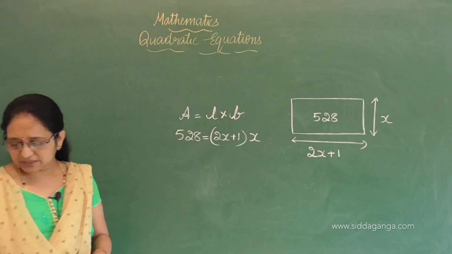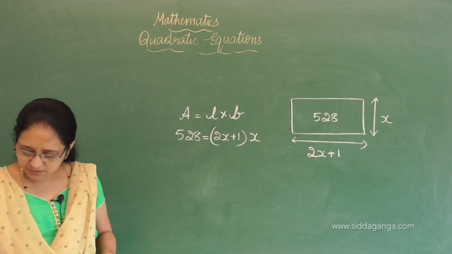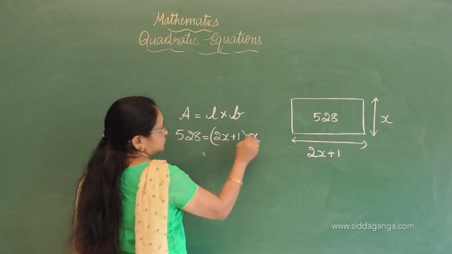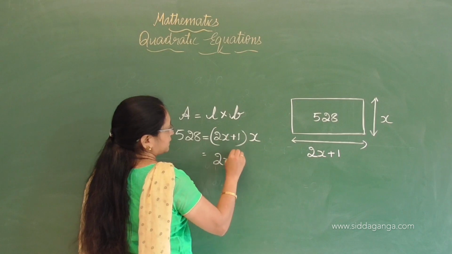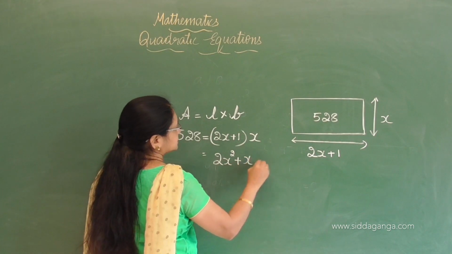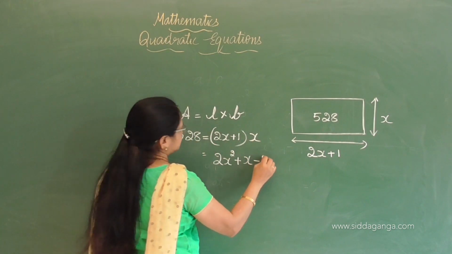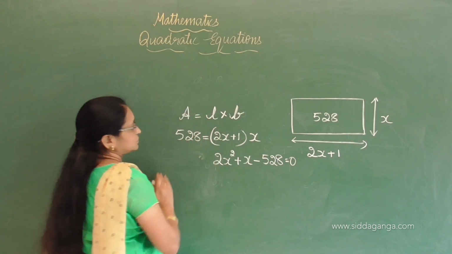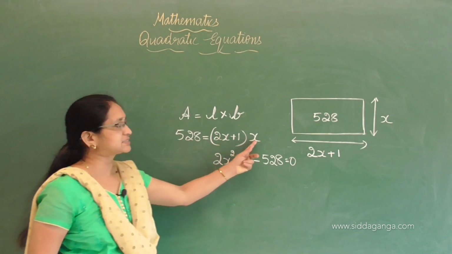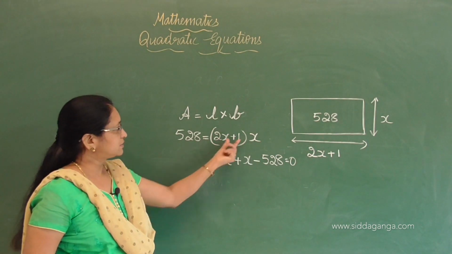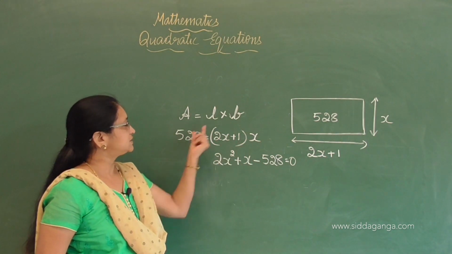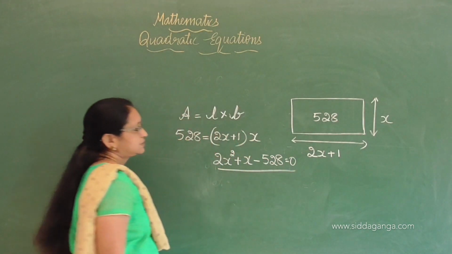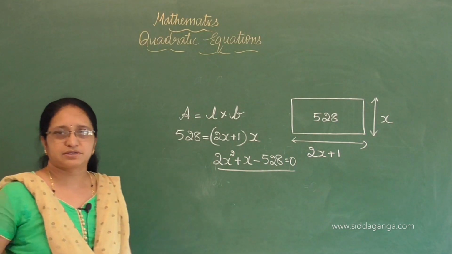Here also we can solve: 2x into x is 2x square, plus x, then bring 528 to the other side, equal to 0. So 2x square plus x minus 528 is equal to 0. This represents the quadratic equation.